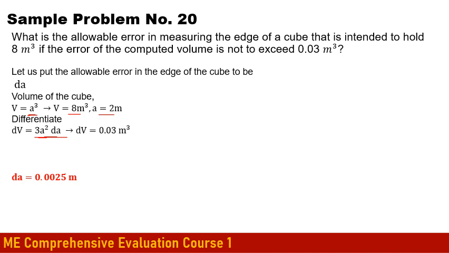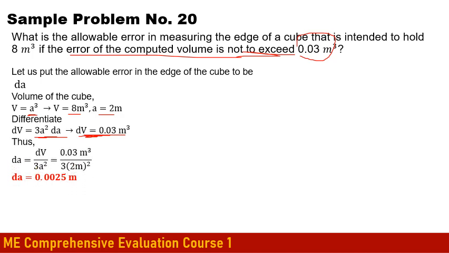We know that the error of the computed volume is not to exceed 0.03 meter cube, so we equate dV as 0.03 meter cube, because it's the error of the computed volume. Thus, dA, which is what we are looking for, the allowable error in the edge, is dV over 3a squared. So dA is 0.0025 meter. That is the allowable error in measuring the edge of the cube.